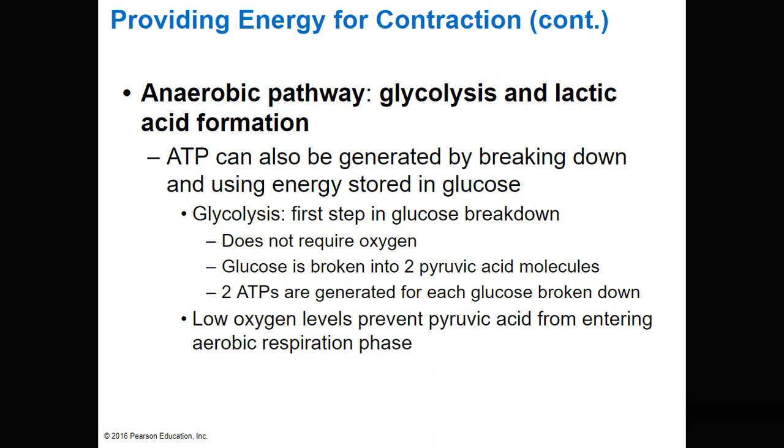So the glucose is broken down from a 6-carbon molecule to two 3-carbon molecules. And that's glycolysis. It happens in the cytoplasm of the cell, and it does not require oxygen. You produce about 2 ATP. So it doesn't generate much energy.